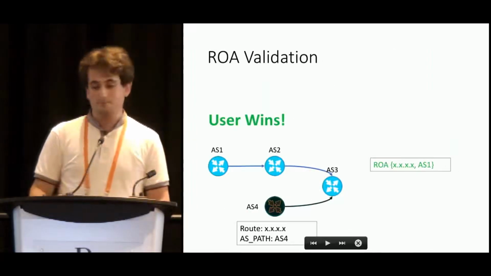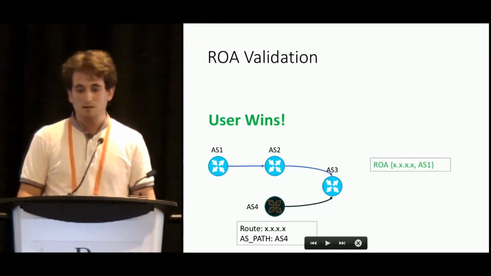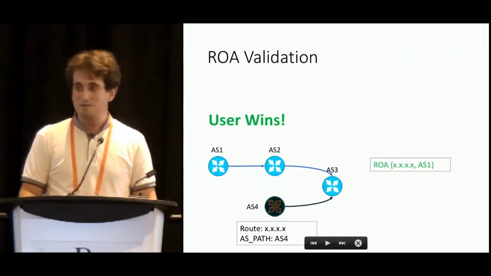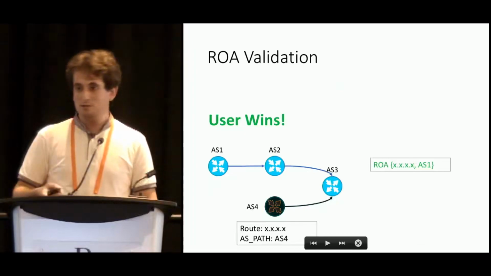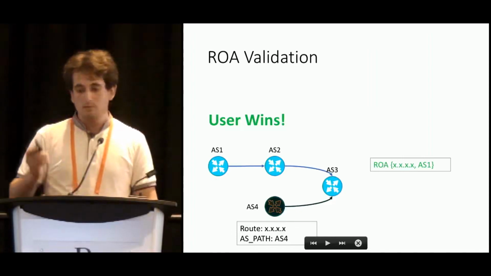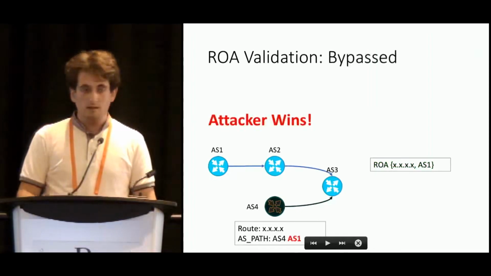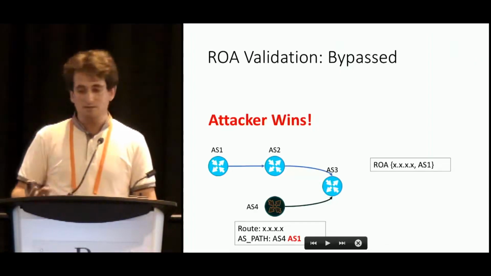How does it help the user? Again, let's imagine that the attacker has already bypassed IRR filters. But now, if it tries to advertise the prefix from its own autonomous system number, it will be filtered, because the outcome of the ROA validation procedure will be invalid. Unfortunately, it's not enough to stop the attacker, because it can add Autonomous System 1 at the beginning of the AS path, and with this, Autonomous System 3 will be forced to accept this prefix.